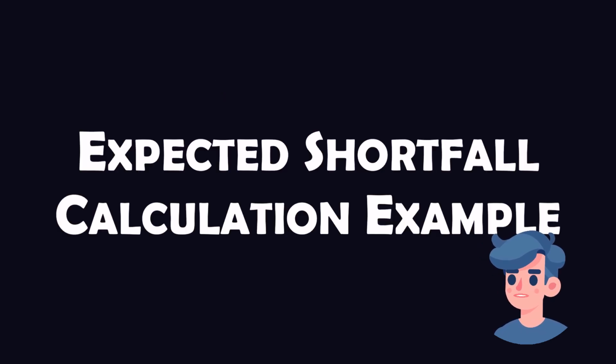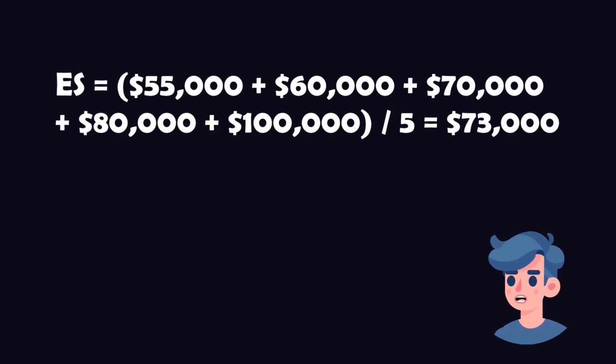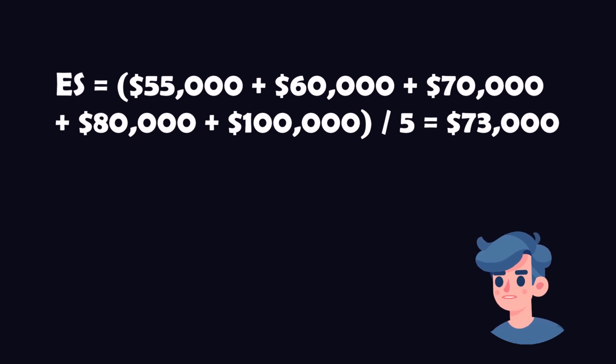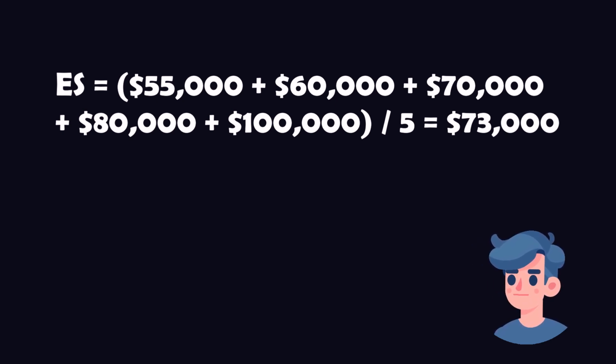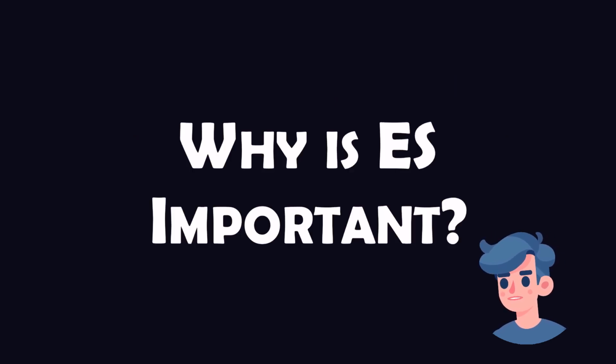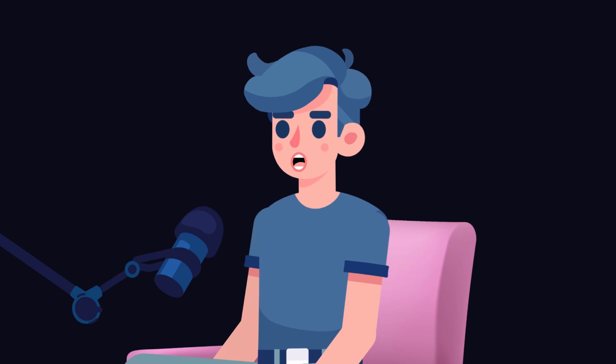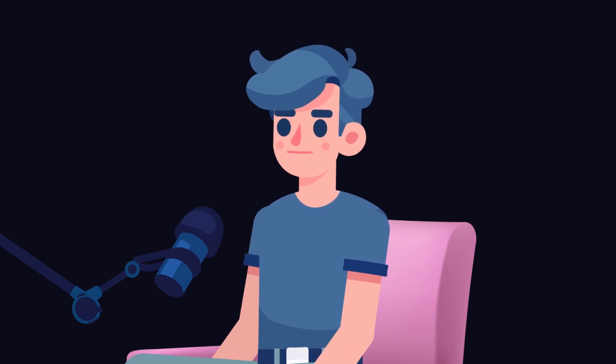Imagine over a period, the losses beyond the $50,000 VAR threshold were $55,000, $60,000, $70,000, $80,000, and $100,000. The expected shortfall would be the average of these values. As you can see from this example, the expected shortfall provides us with a more complete view of potential extreme losses compared to VAR alone.